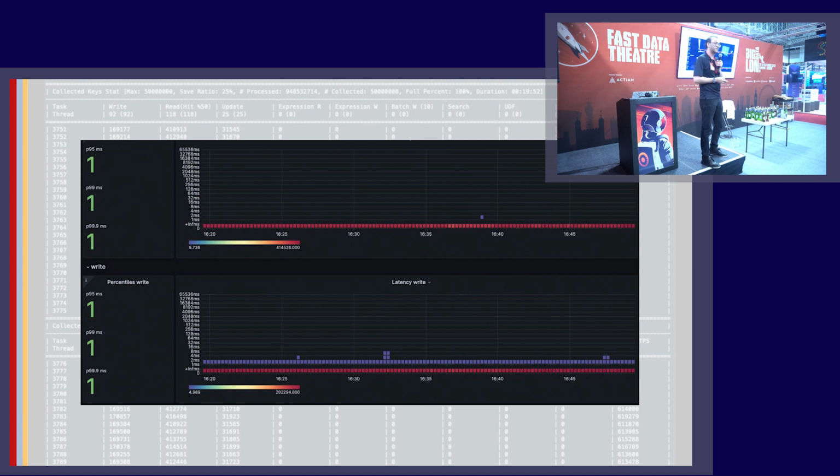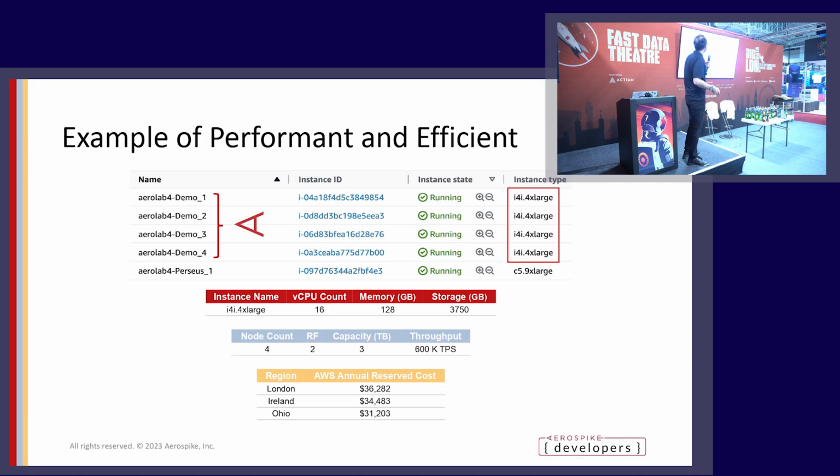How many nodes? That's a very good question, because that's the next slide. It's running on 4 nodes of I4i 4xlarge, which are laptop-sized machines: 16 virtual CPUs, 128 gigabytes of RAM, and less than 4 terabytes of disk.